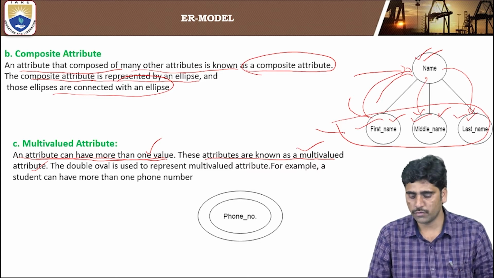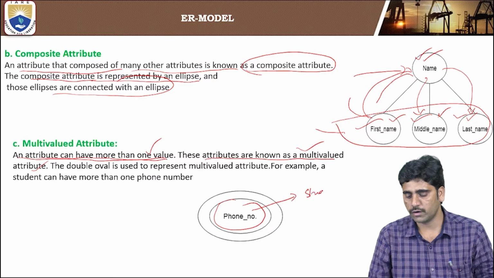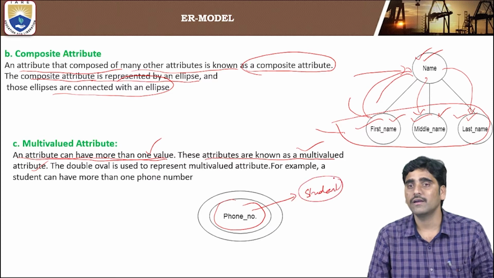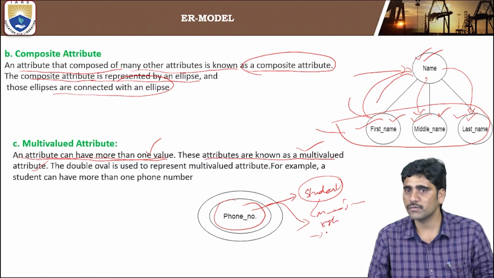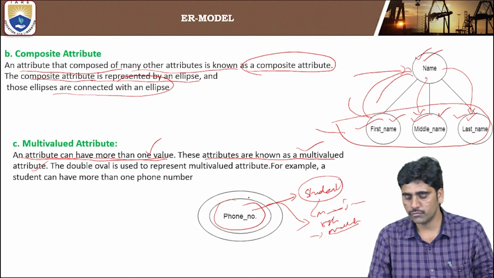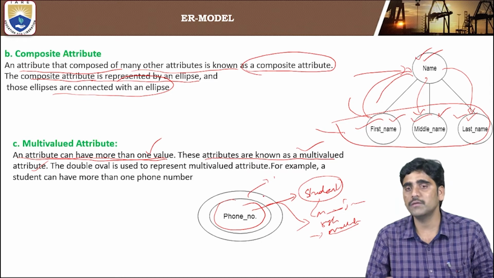For example, the phone number for student 1 can have not only a single number, it can have multiple phone numbers. Similarly, a student can register not only for a single course but for multiple courses. The same way, a student can join not only one event but multiple events, sports, and transportation.